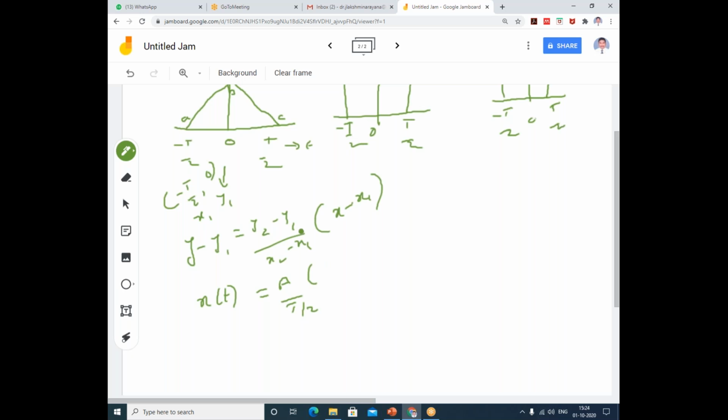I can write this as T by 2 into, now my x elements are on the x-axis, which is small t, so small t minus x1. My x1 is minus T by 2, and minus and minus becomes plus T by 2.